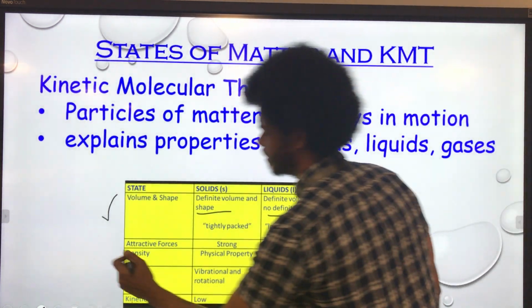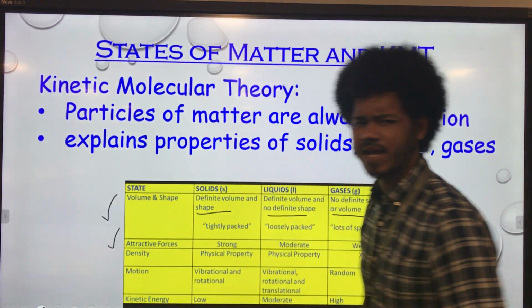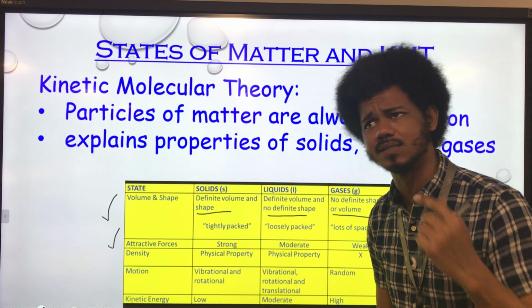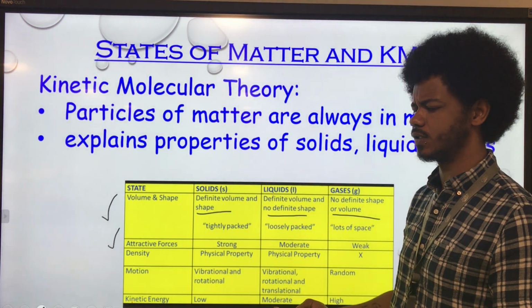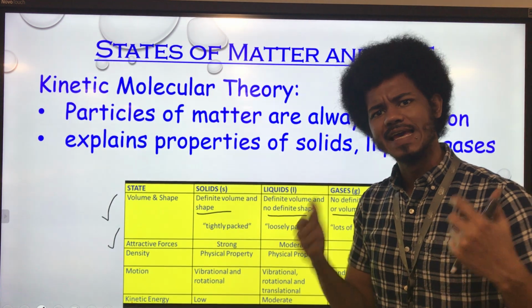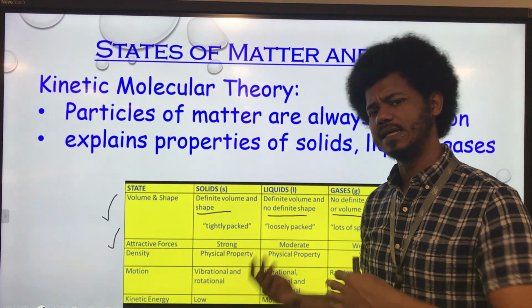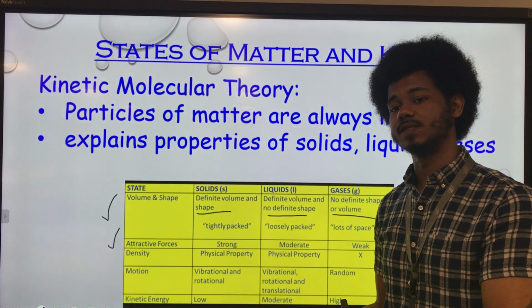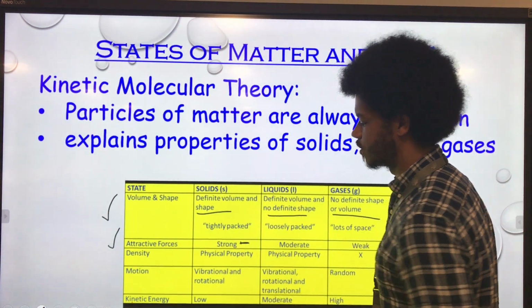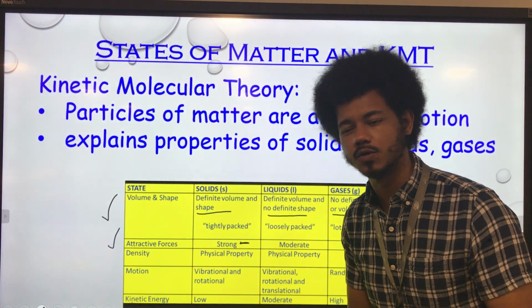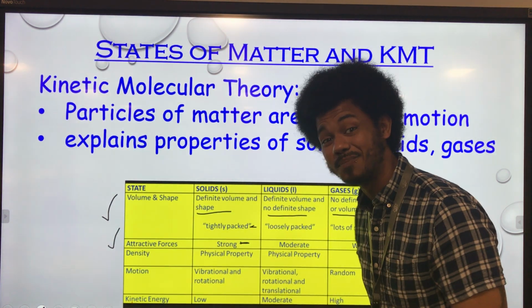If we take a look down here at the attractive forces, that's something we discussed a little bit last week. We're talking about the forces of attraction between the particles in a solid versus in a liquid or in a gas. In a solid, we have very strong attractive forces. That's why the particles of a solid are tightly packed.